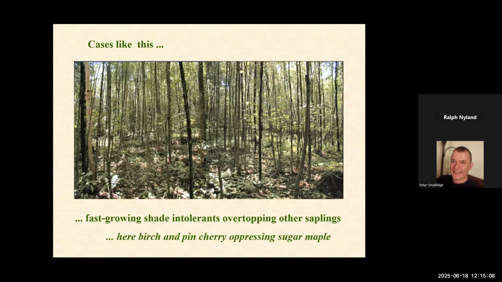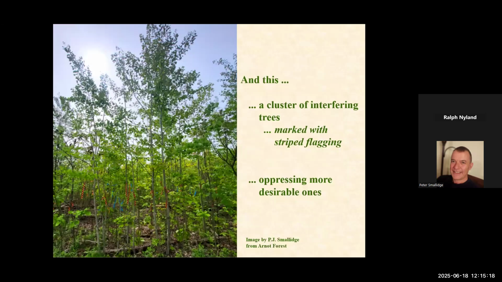Here we have fast-growing shade intolerant and mid-tolerant overtopping saplings. Here it's birch and pin cherry oppressing sugar maple. And here's a cluster of intermediate trees, interfering trees, marked in striped ribbon, oppressing desirable ones.